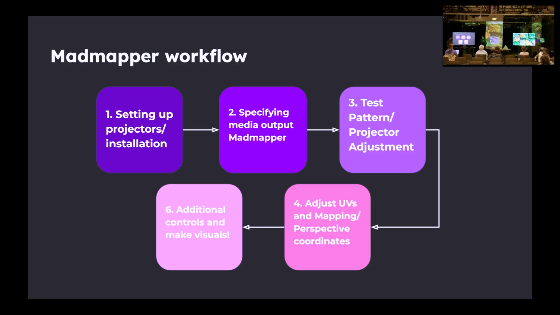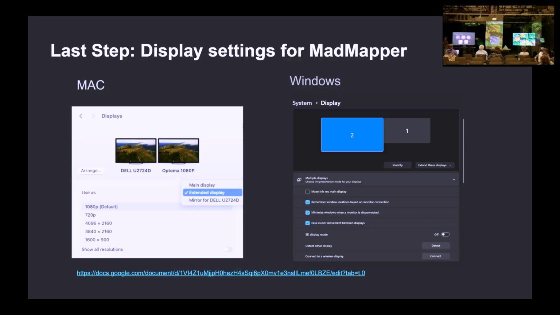Then you can adjust, play around, and add controls and that sort of thing. Okay, so when you set up your projectors and they're all ready to go, there's one last step you need to do before we can actually start opening MadMapper. So let's move to the computer.